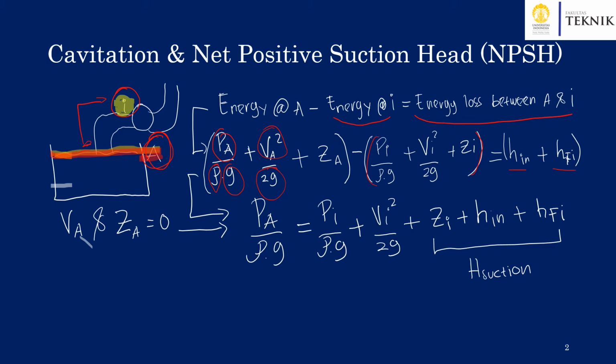In most cases at point A, the velocity and the elevation are equal to 0. Therefore, we can write the equation as pressure at point A divided by density and gravity, equal to the pressure at the inlet of the pump divided by density and gravity, plus the velocity at the inlet to the power of 2 divided by 2 times gravity, plus the elevation at the inlet, plus the losses due to friction at the inlet.